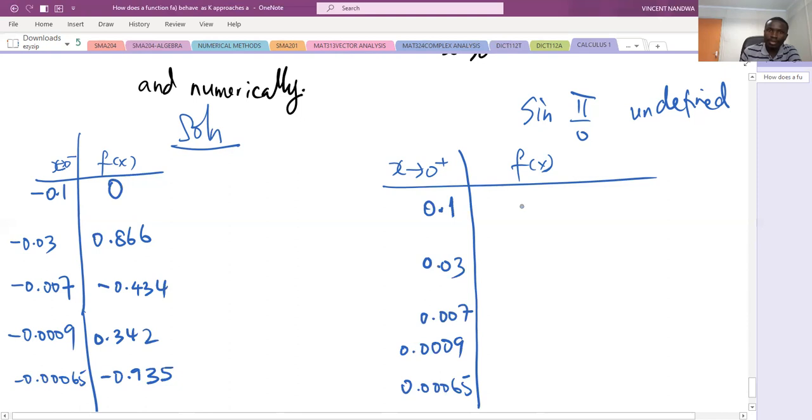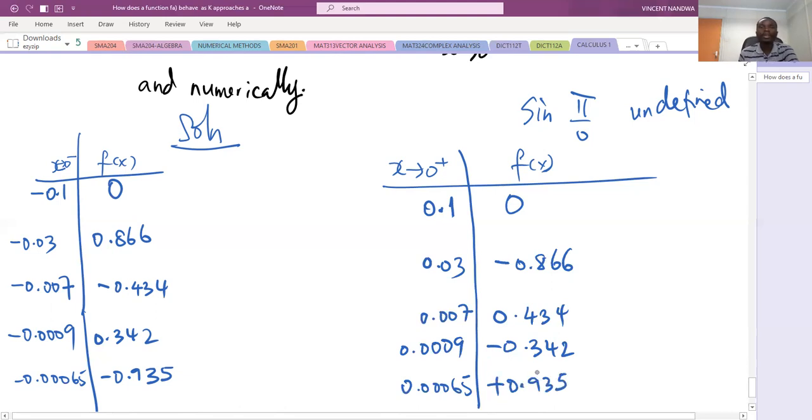So this will give you 0, this will give you negative 0.866, this will give you 0.434, this will give you negative 0.342, and positive 0.935. You see, the signs of the values here are opposite of the signs of the values we picked here for the same x values.